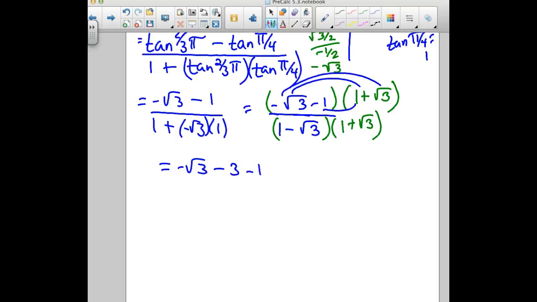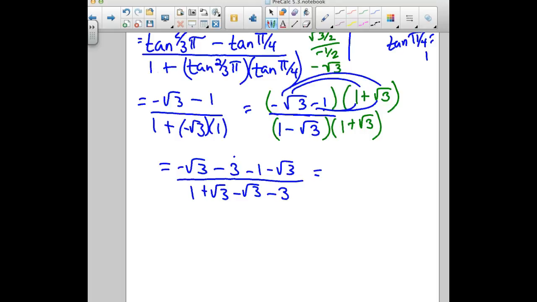And last term, we have a negative root 3. All right, on the bottom, foiling, 1 times 1 is 1. Outsides, we get a positive root 3, insides a negative root 3, so those will cancel out. And then our last term again, a negative root 3 times a positive root 3 is a negative root 9, or just negative 3.